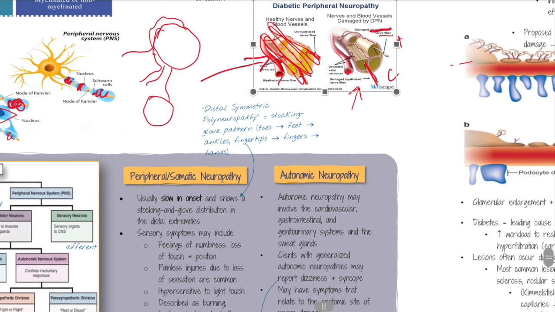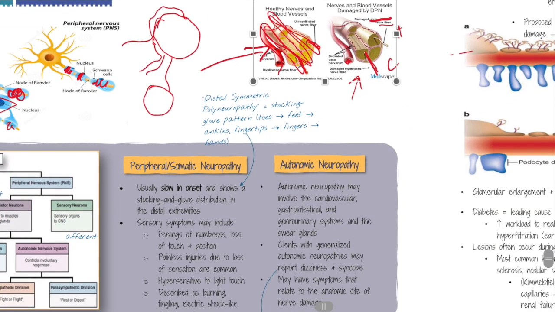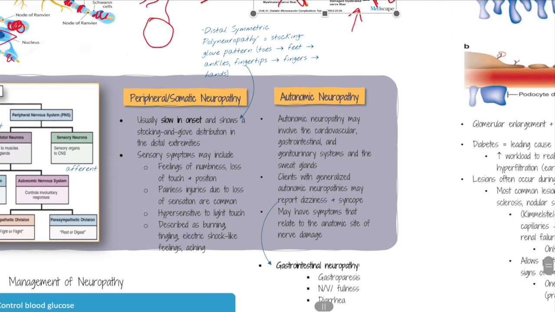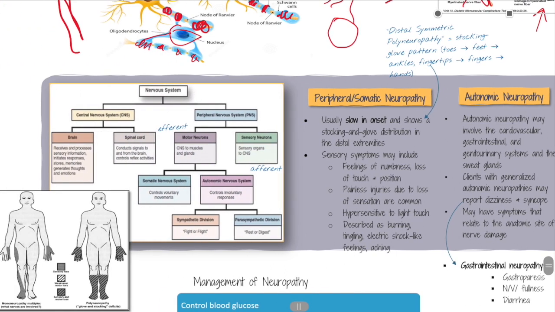There are two categories of diabetic neuropathy, I would say. You have peripheral or somatic neuropathy and autonomic neuropathy. This has a lot to do with, if you remember this little breakdown of what the nervous system looks like from anatomy, your central nervous system over here, but this is the side we're really talking about now.